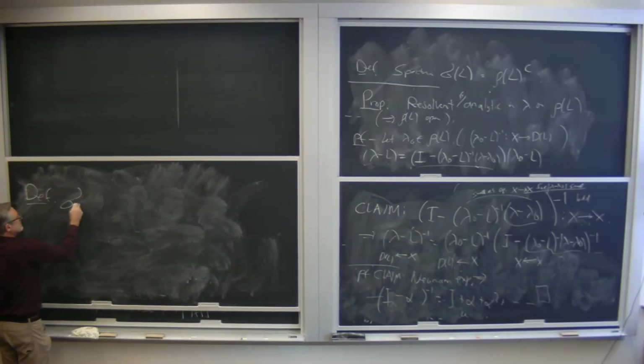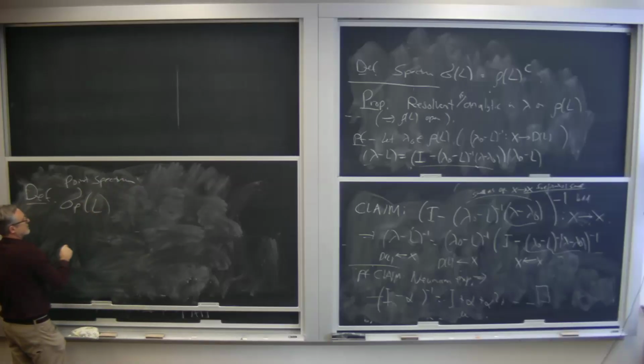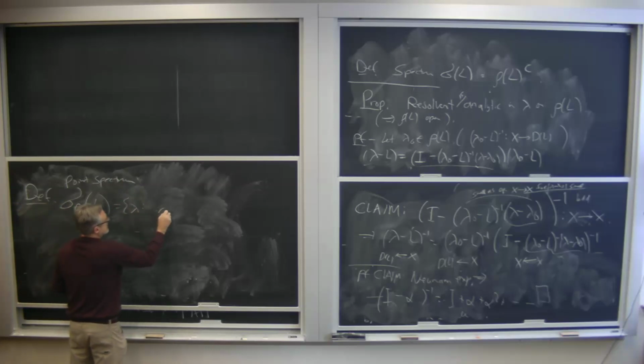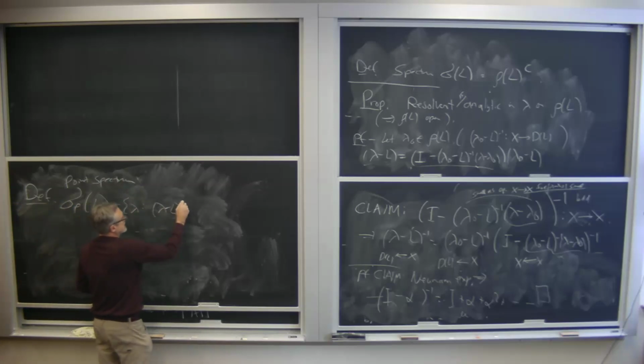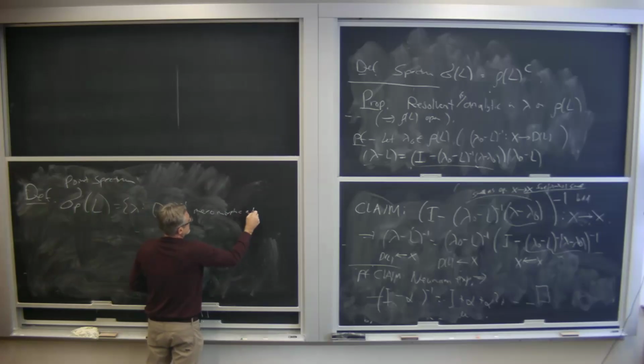The point spectrum sigma p of L is the set of lambda such that lambda minus L inverse is meromorphic at lambda.